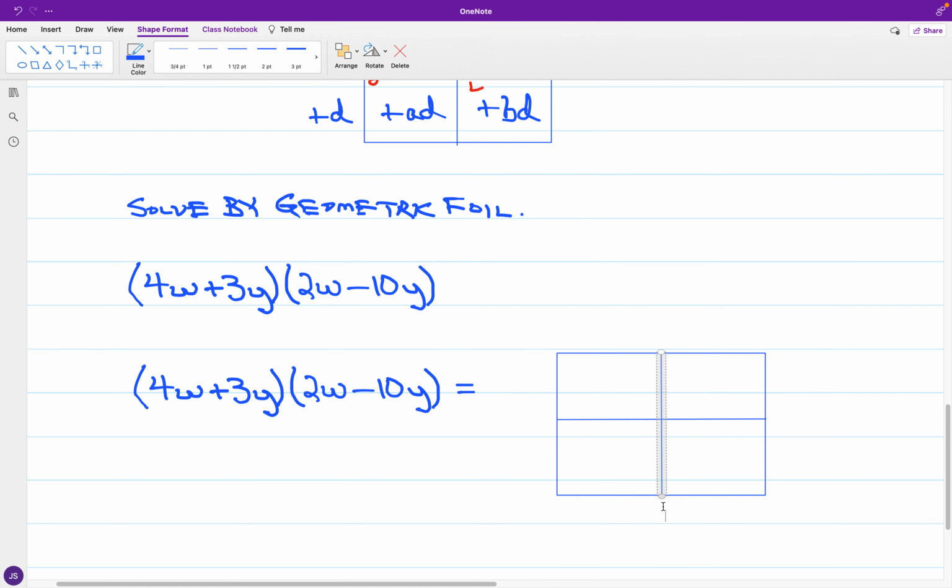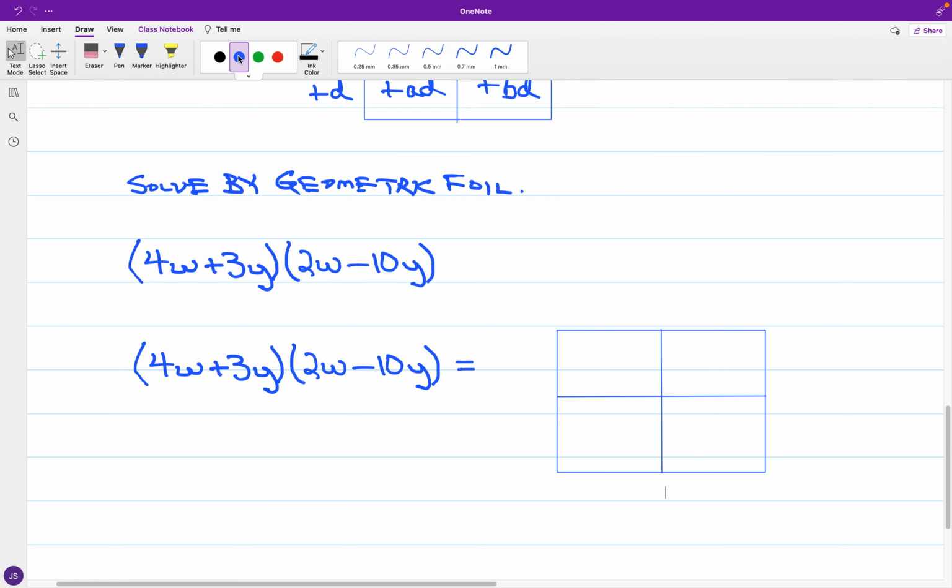I kind of go with the traditional arrangement of having the first binomial make up the column headings and the second the row headings. So we have 4W and plus 3Y. And for the second binomial, at the top row we have 2W. And for the second row heading, we have minus 10Y.